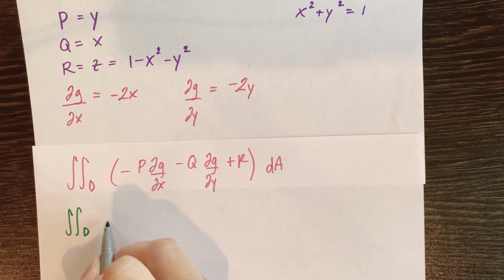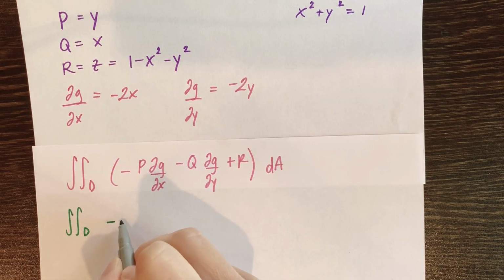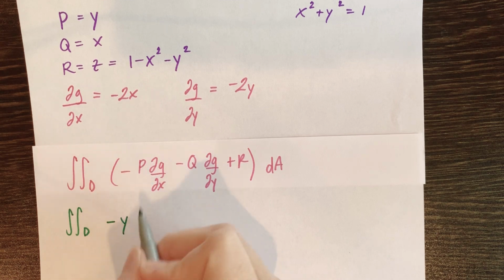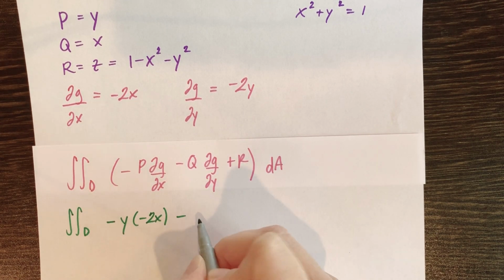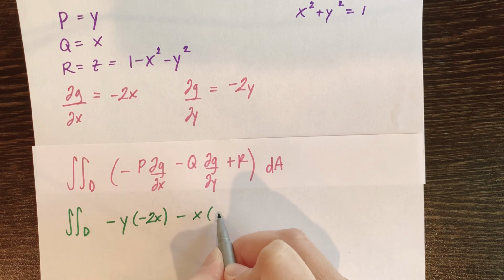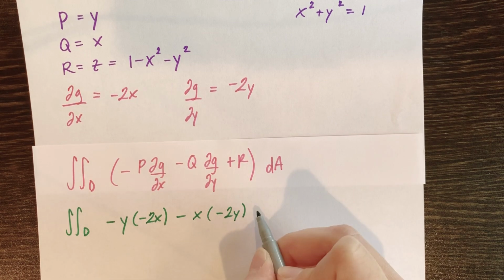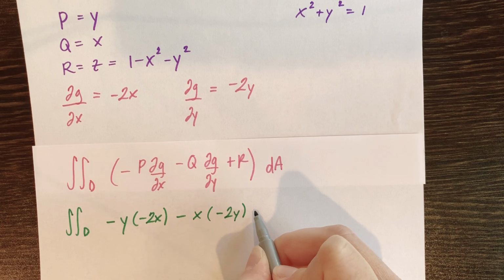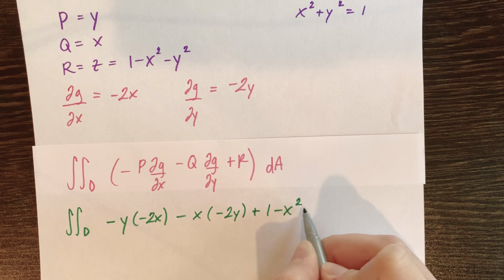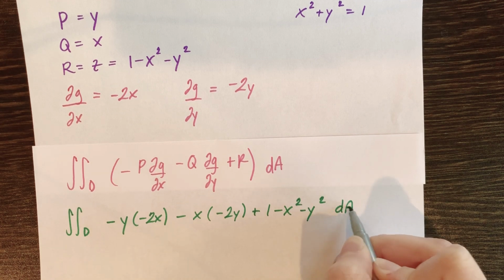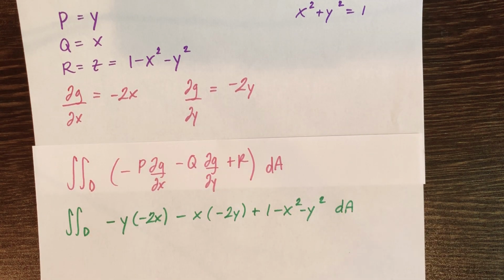So what am I going to have here? Negative y times negative 2x, minus x times negative 2y, plus R, which is 1 minus x squared minus y squared. I'm just going to clean that up.